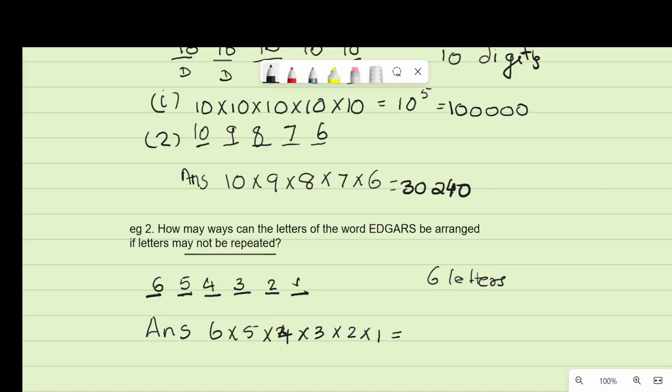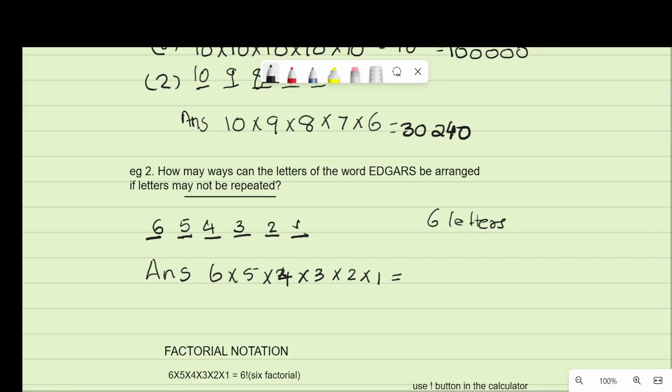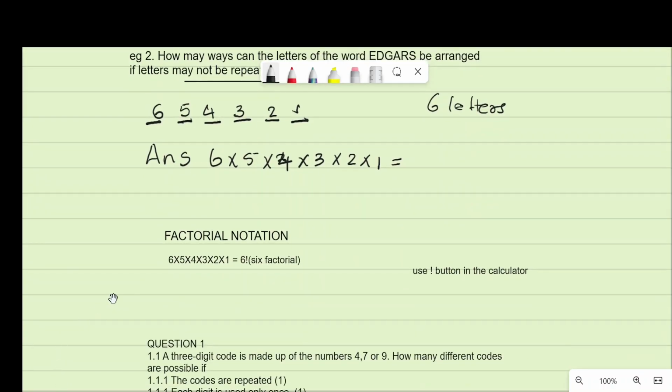So in the calculator, you can put all this like this, but there is another button in the calculator you can use when such situations come. When you have 6 times 5 times 4 times 3 times 2 times 1, that is called 6 factorial. We read it as 6 factorial. It's called a factorial notation. Use the factorial button in the calculator.